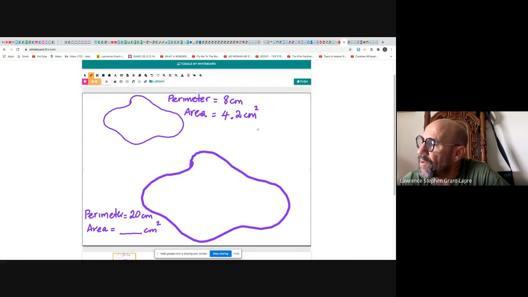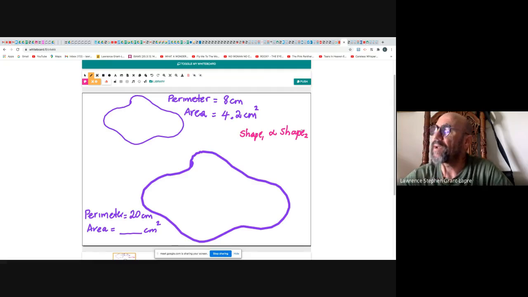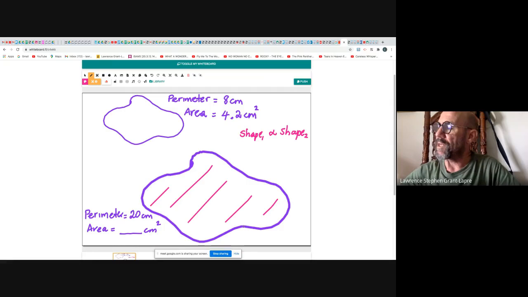And we're going to tell you that shape 1 is directly proportional to shape 2. I've done that by copying and stretching it out. Now what we want is what is the area of our second shape. Now the area of the first shape is 4.2 square centimeters.